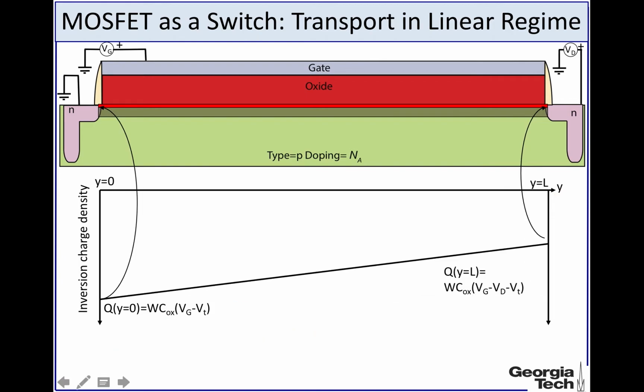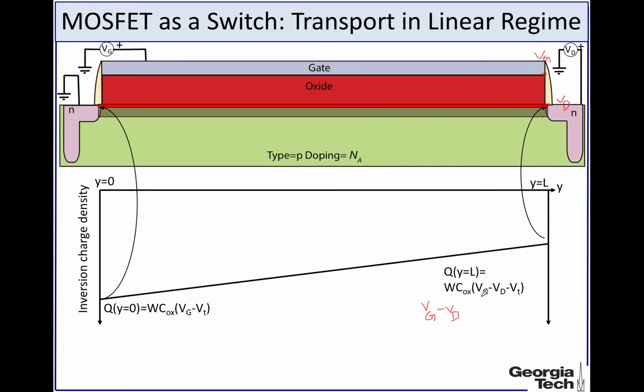So now once we have applied a drain voltage, as we have discussed earlier, the voltage at this end is Vg and voltage at this end is Vd. So we have a voltage of Vg minus Vd that appears across the oxide here.